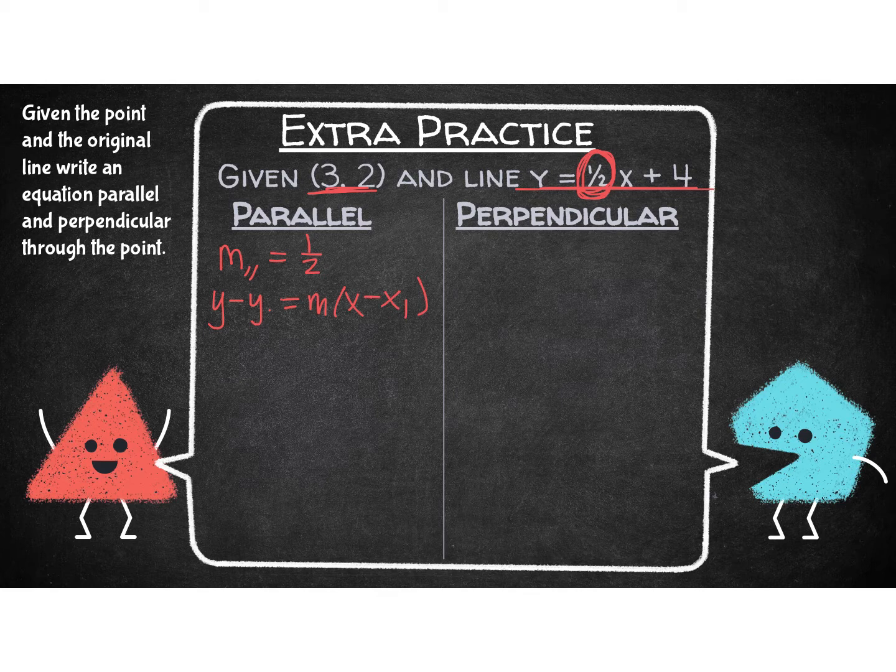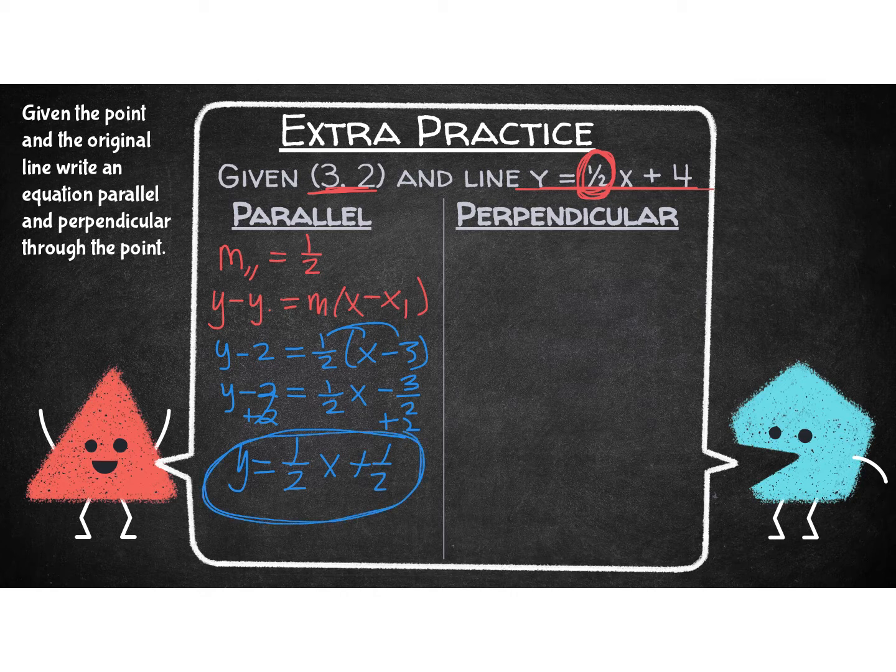Put our numbers in and solve. y minus 2 equals 1/2 times x minus 3. Distribute in. y minus 2 equals 1/2 x minus 3/2. I'm going to add the 2 over. Negative 3/2 plus 2. y equals 1/2 x plus 1/2. And that would be the equation of your parallel line.